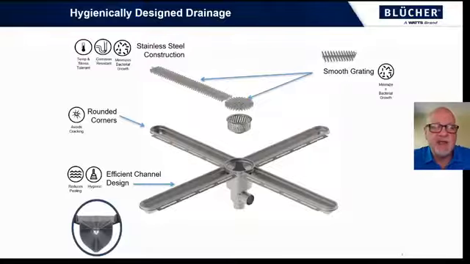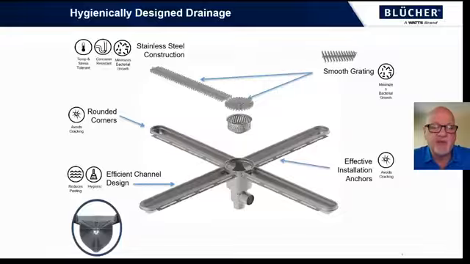The grating is a one-piece cast stainless unit, has open sides, has rounded corners, and no cavities or niches or metal-on-metal contact, which are classic harborage points in nearly all other grate designs.